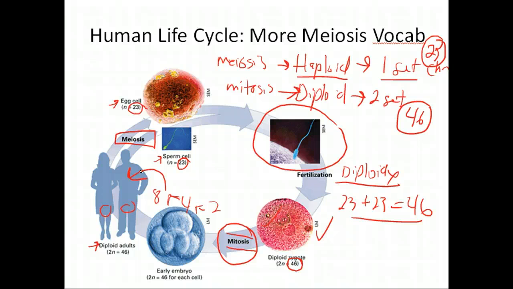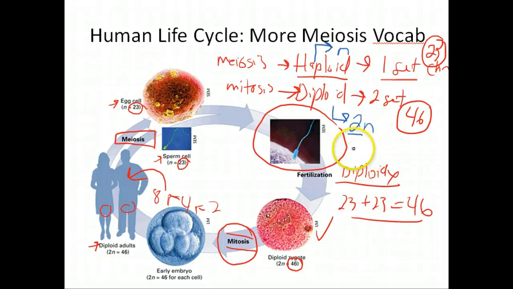Here's the thing, there's some other vocabulary that you can use to denote what is diploid and haploid. So I will on the test ask you what an organism's haploid number is, and I will denote it by N. Okay, so I'll ask you what's the N for a certain organism. I will also ask you what the diploid number is, 2N. That 2 is there to convey to you that there's 2 sets, right?